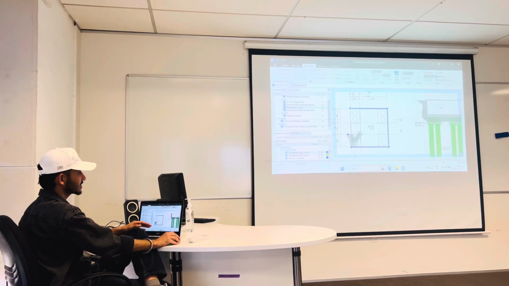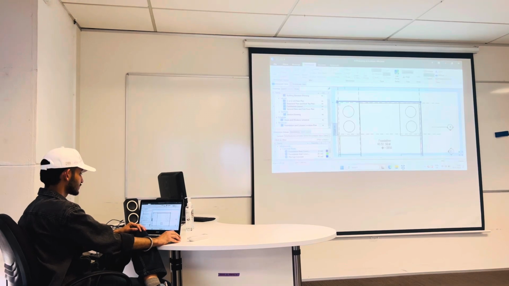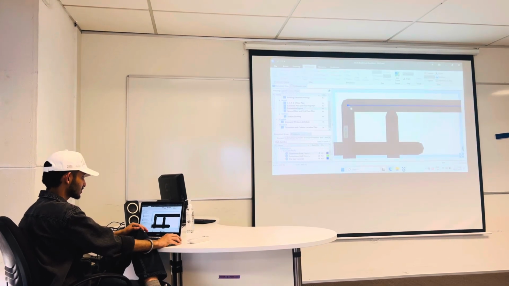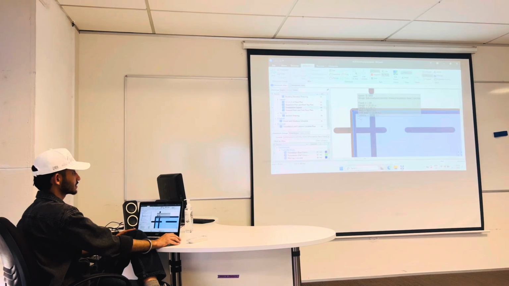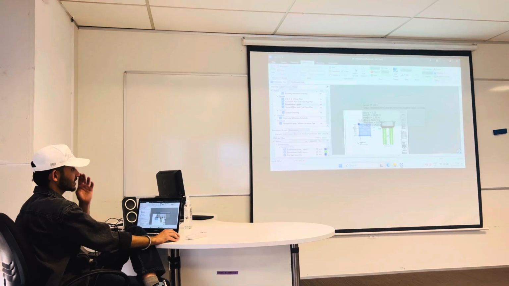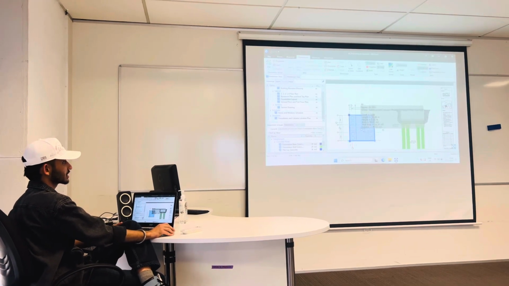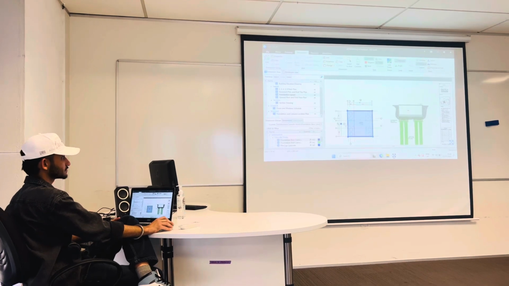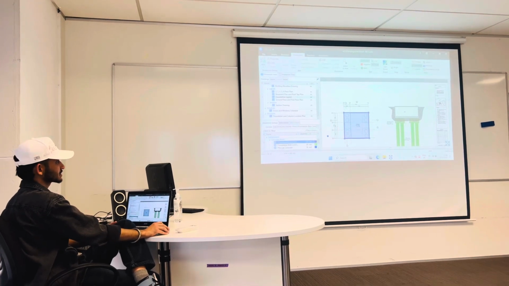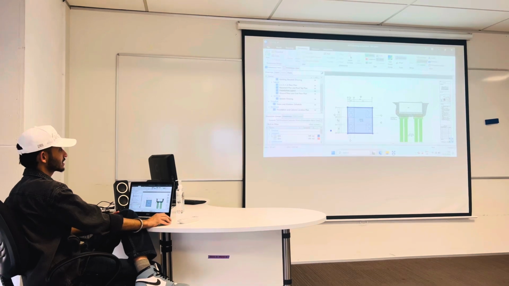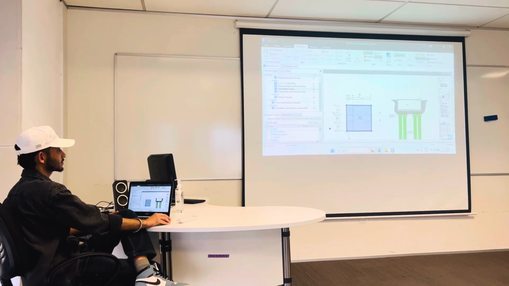You can press enter as well, or you can connect the dots and press enter. So the area for the foundation is 29 meter cube, the base foundation. By this process we will calculate and make subfolders or dimension groups of everything.